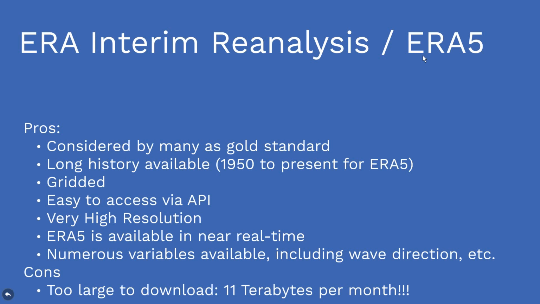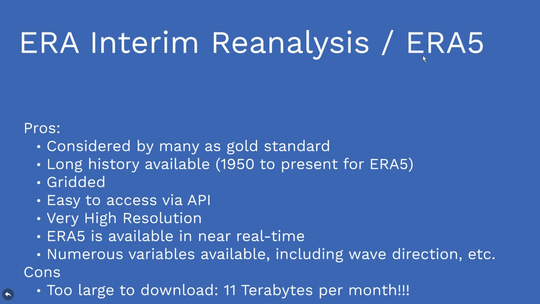With the ERA Interim data set, there's also a time lag, so you can't get live data, which would be a problem if we wanted to actually use this to forecast current storms. ERA 5 does not have that limitation. It's near real time. So there are a lot of reasons to go with ERA 5.